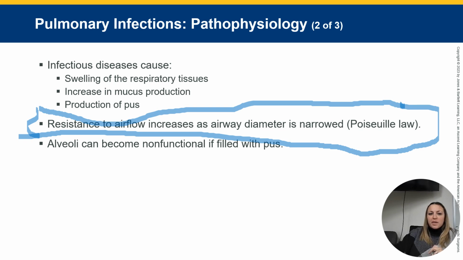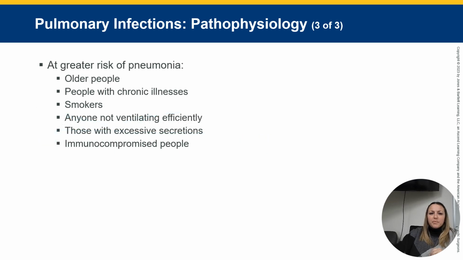Understand also that if the alveoli become filled with pus, it's not a functioning alveoli. That can happen with chronic bronchitis, or pus comes with an infection, but be aware of that. People that are at a greater risk of pneumonia are going to be all the ones that you expected.